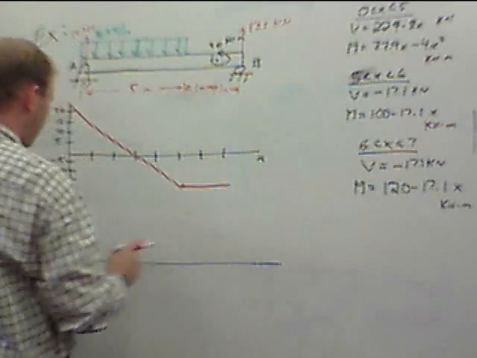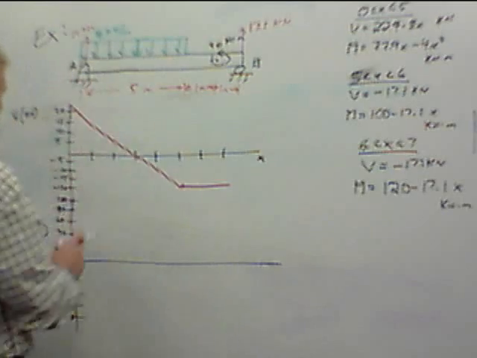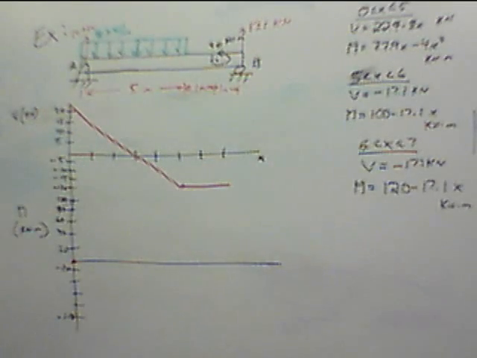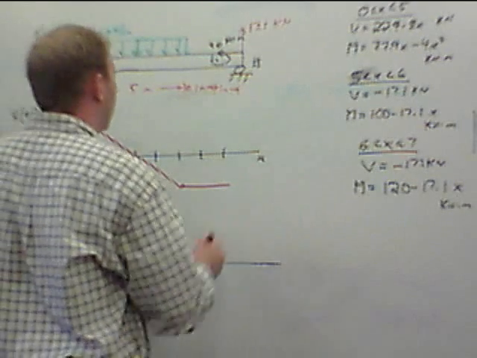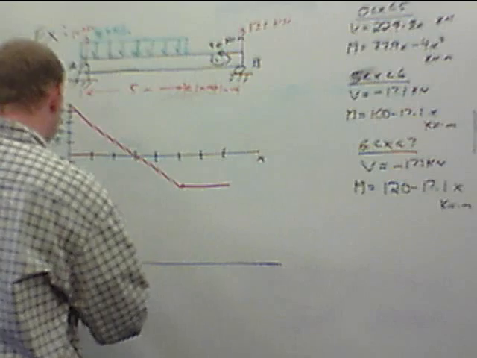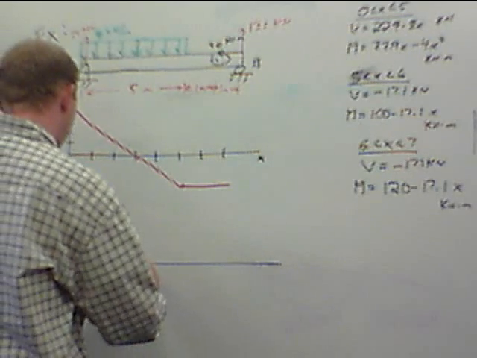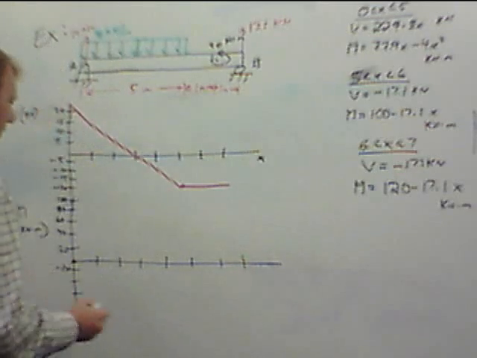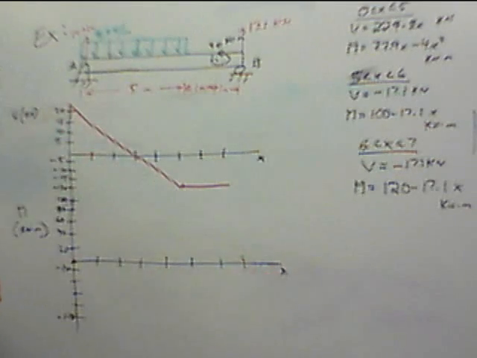That's fine. So here, we have no applied moment at either the left or right end, so in theory, we should end up at 0 again when we get back to 7. So I'll make my tick marks here. And this is again x.